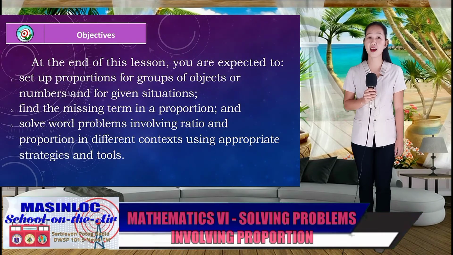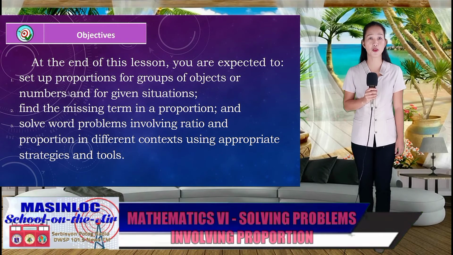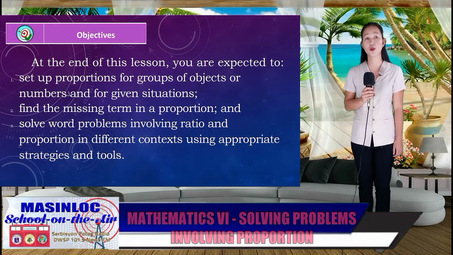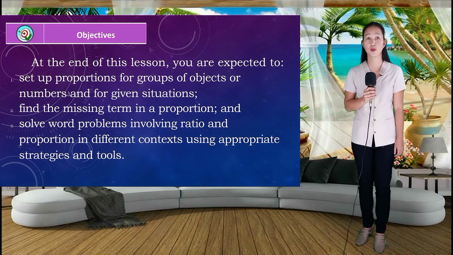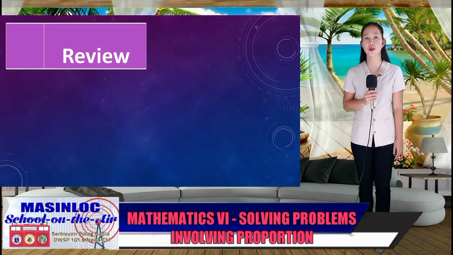At the end of this lesson, you are expected to set up proportions for a group of objects or numbers and for given situations. Find the missing term in a proportion and solve word problems involving ratio and proportion in different contexts using appropriate strategies and tools.